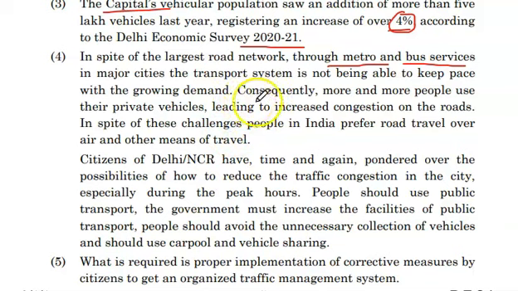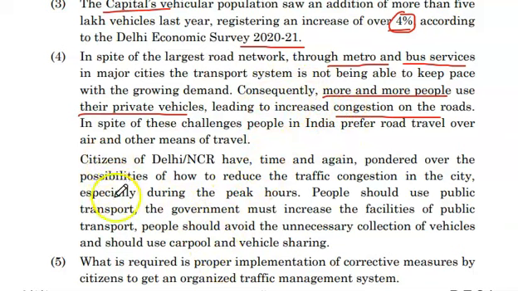Why is it increasing? Reason number 1, more and more people are using their own, that means their private vehicles, and this use of private vehicles is leading to congestion on the roads. So this is talking about why traffic congestion is happening on roads.